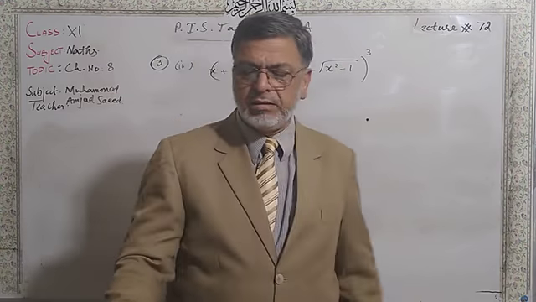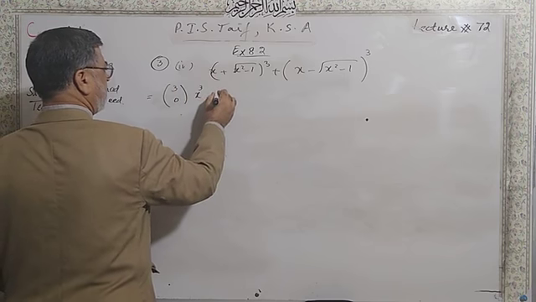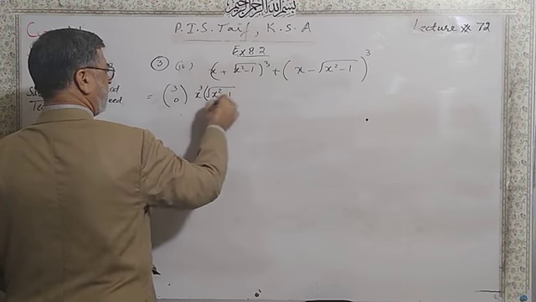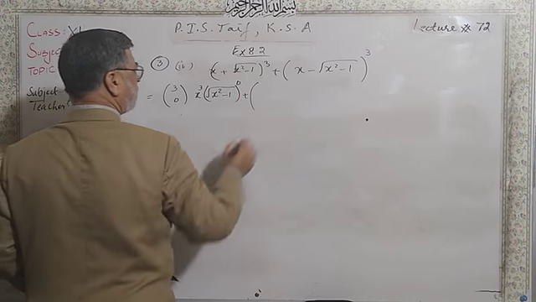Dear students, here you can have, this is a, this is b. We can write down 3C0, first term power 3, and second term power 0.